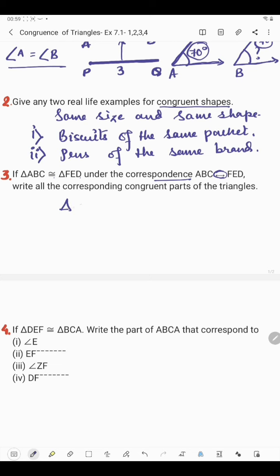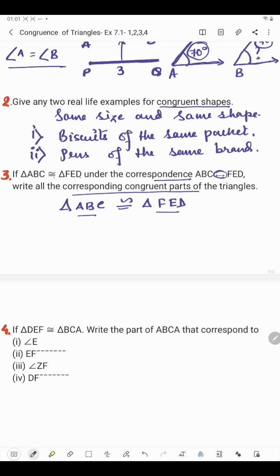We will have to write the corresponding angles which are equal in both the triangles, and the corresponding sides which are equal in both the triangles. By seeing the name of the triangle, we can easily identify the corresponding sides and corresponding angles. Corresponding means which is equal in both the triangles.